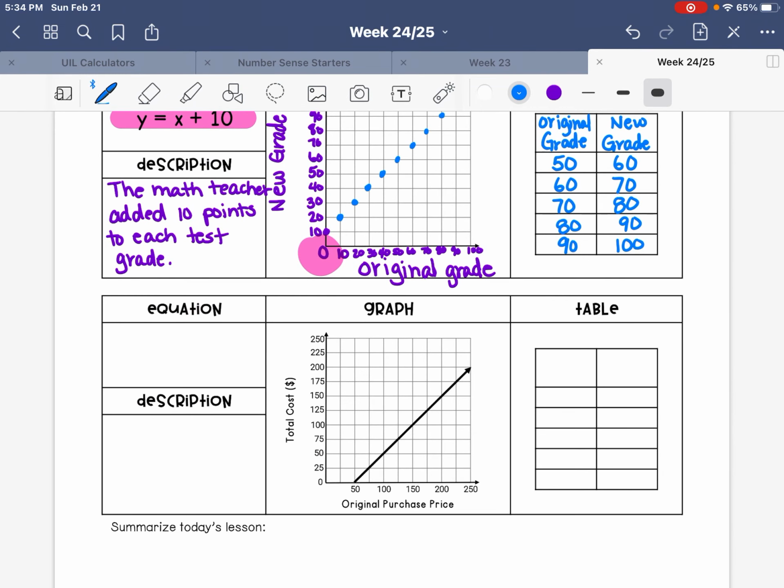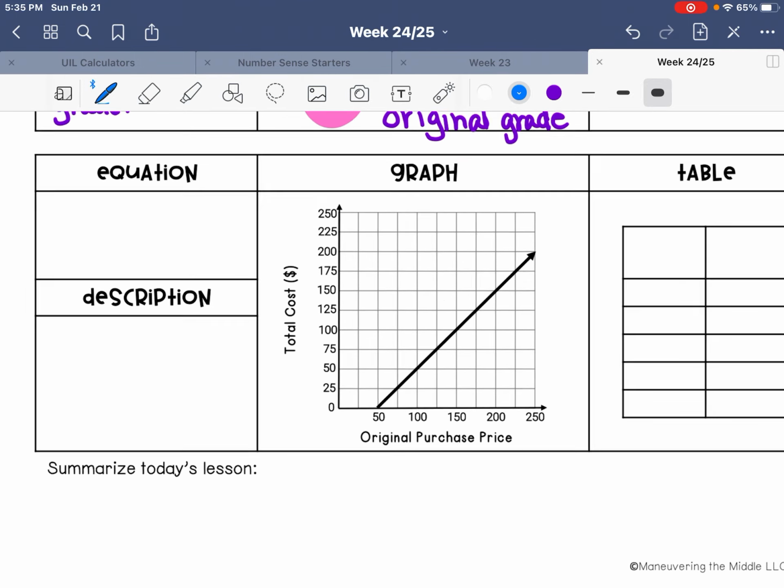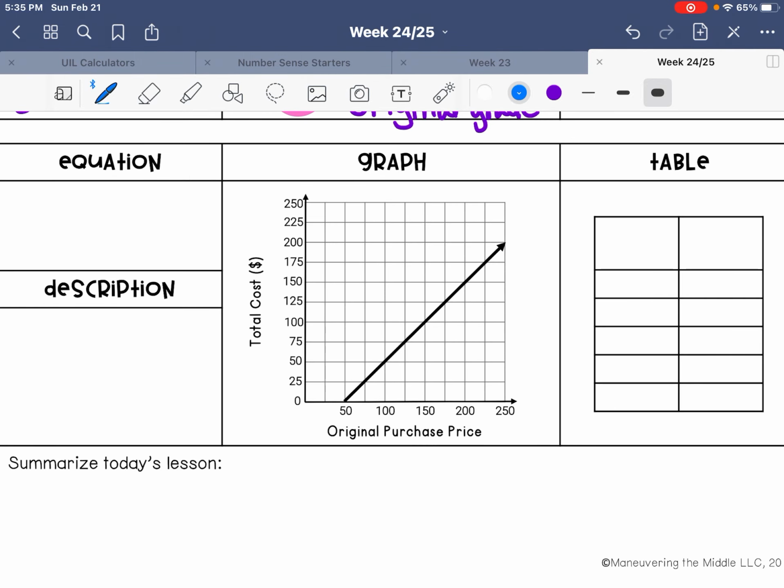All right, one more example of an equation, a graph, and a table. And this time they gave us the graph. So what we're looking at here is the original purchase price and the total cost. I'm looking at this graph and I'm seeing the original purchase price was $50 and it's now 0, because you can see the intercept here is 0.